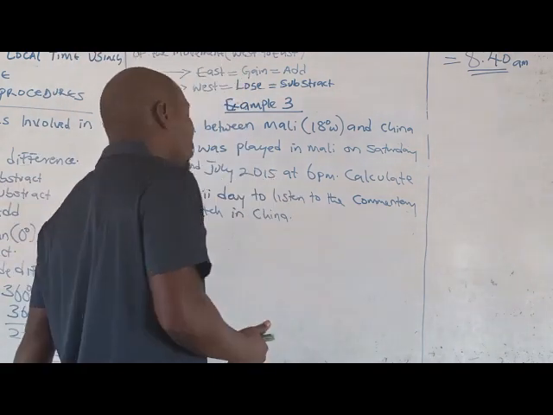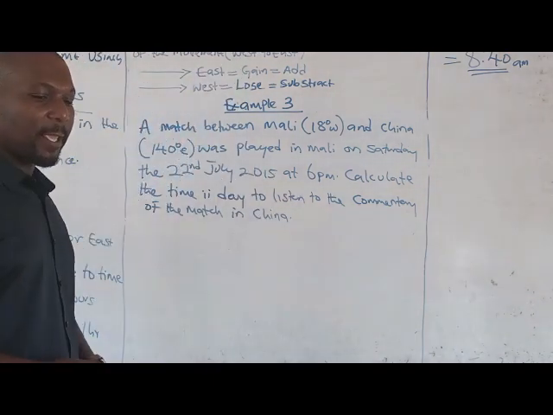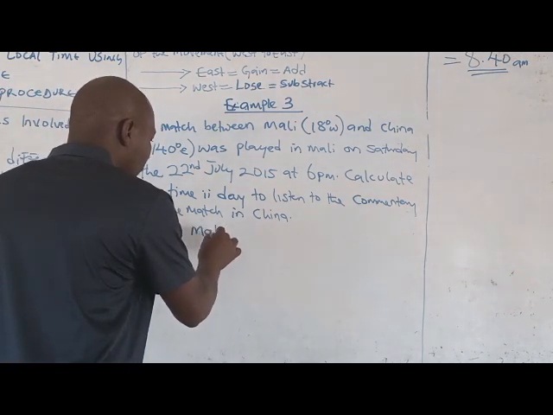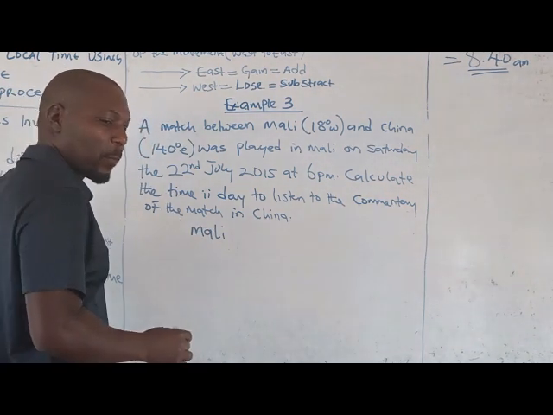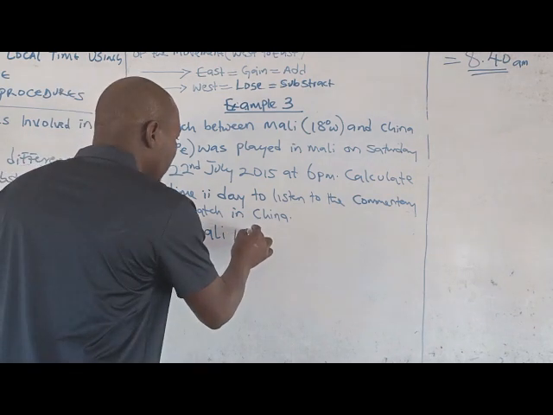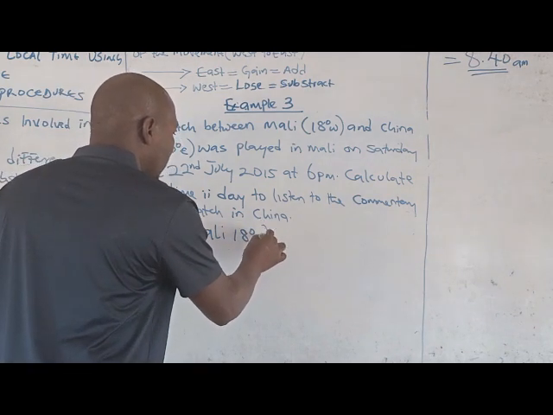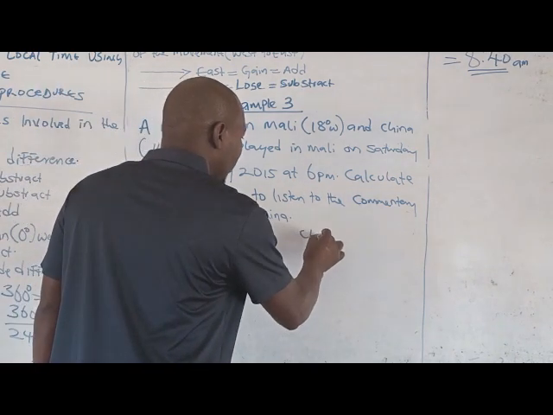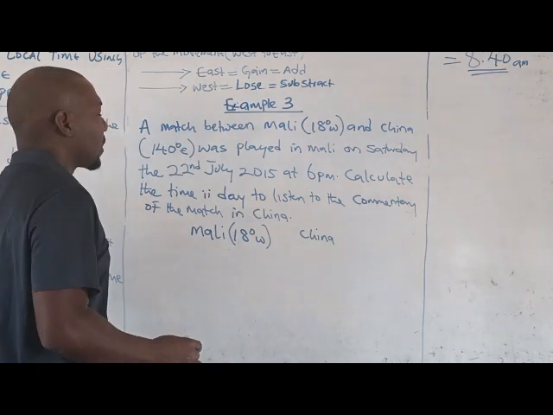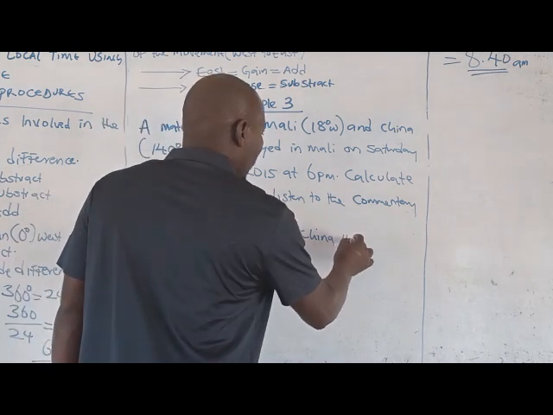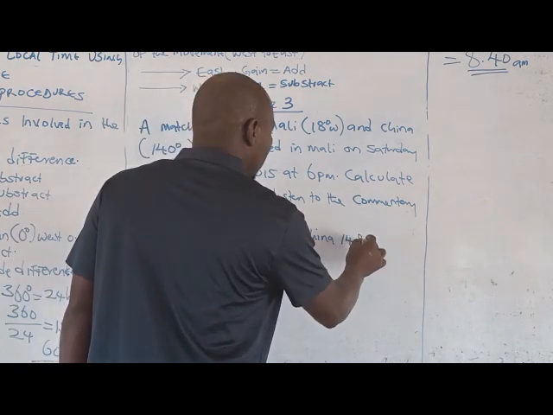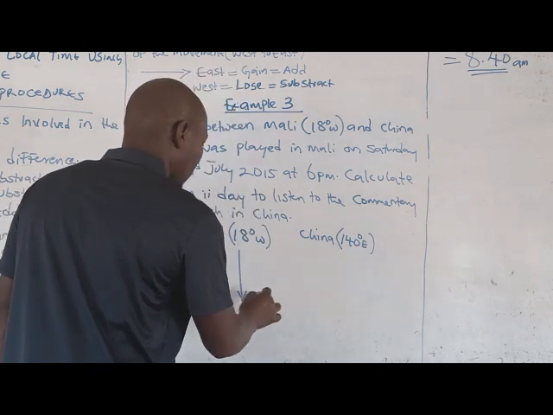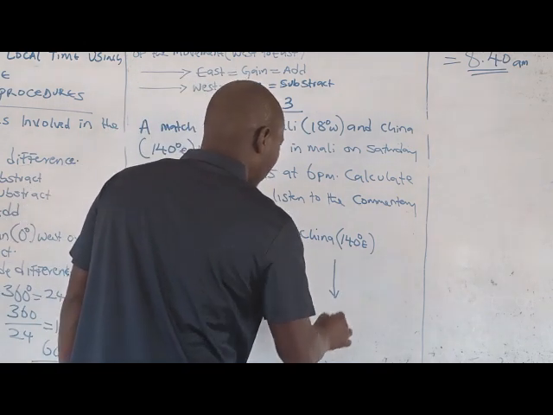They say you should locate the two places that are involved. Formula 1, you write Mali, which is 18 degrees west. That is the longitude. Then China is 140 degrees east. You can see now we have the west and the east.